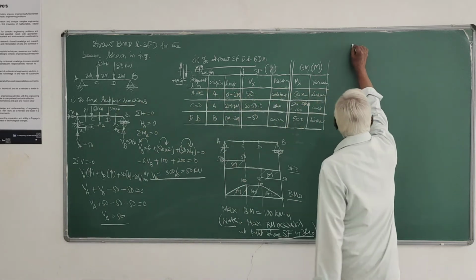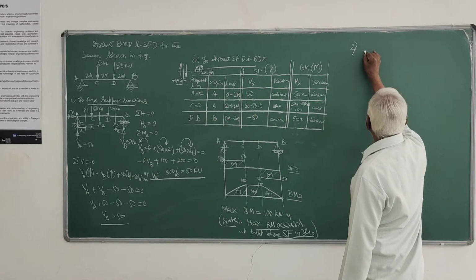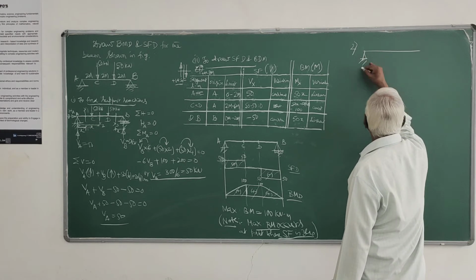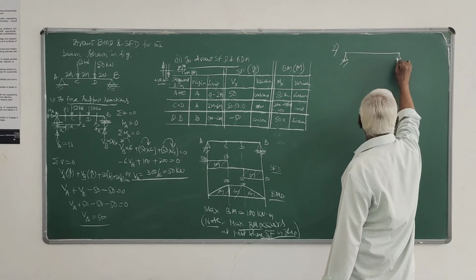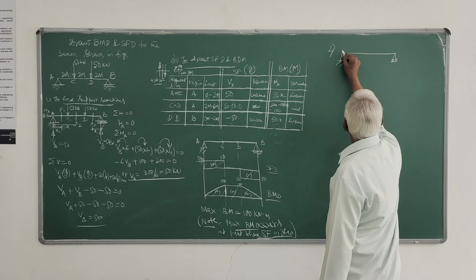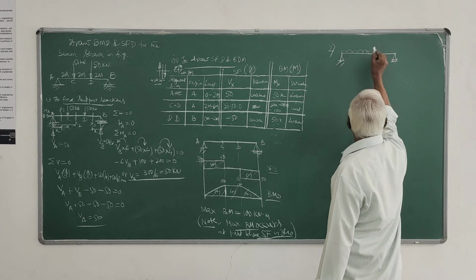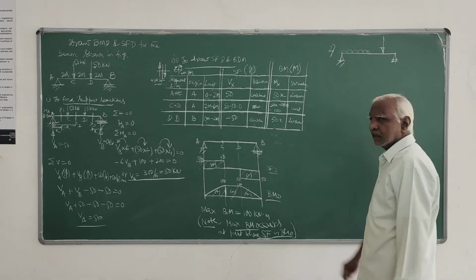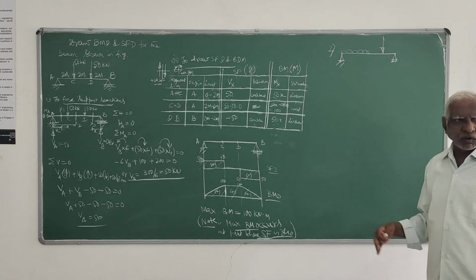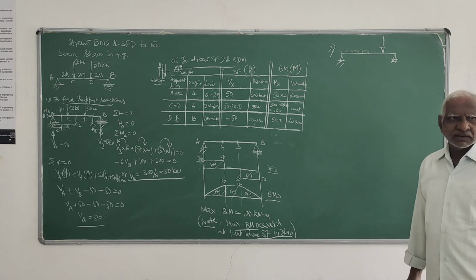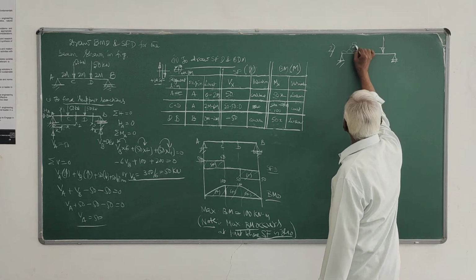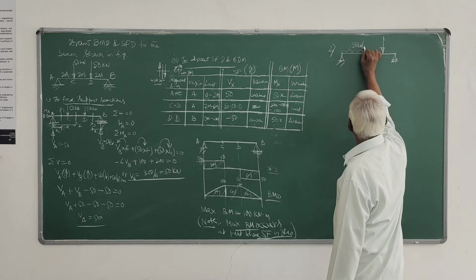So next we take another example. The same type of beam. I will take a UDL up to some distance and then a concentrated load. Then we will take up one overhanging beam problem after that. So this, we take 50 kilonewton per meter.